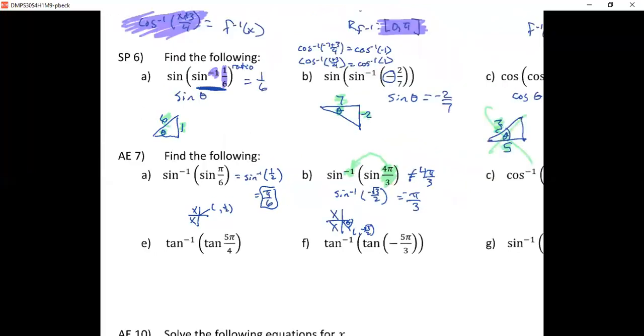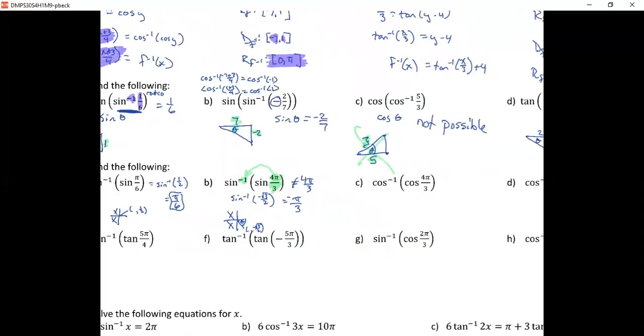So we're going to have to do a lot of these step by step by step. For part C, the cosine of 4 pi over 3, we're at the same angle. So the cosine of 4 pi over 3 is -1/2. So the inverse cosine of -1/2 says what angle in quadrants 1 or 2 gives us the cosine ratio of -1/2. And that is going to be 2 pi over 3.